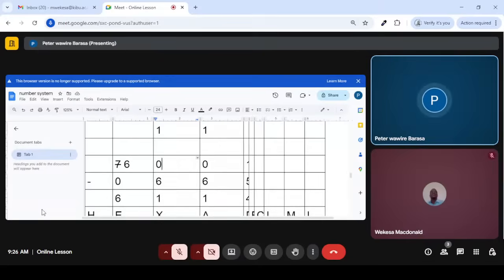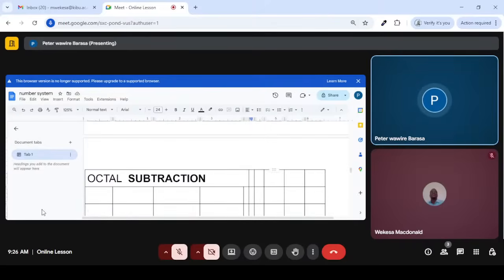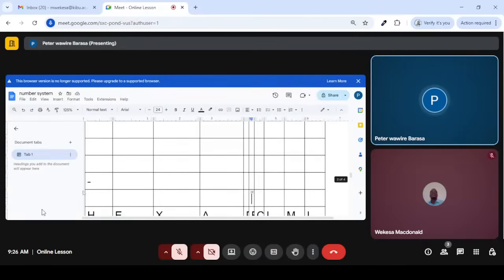Let me delete and create space here. So I think let us start with the subtraction and then we go to addition, or we start with addition, then we go to subtraction. So we want to add two numbers.